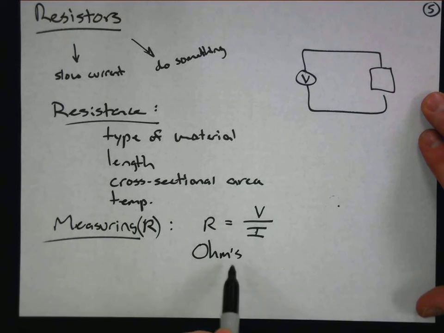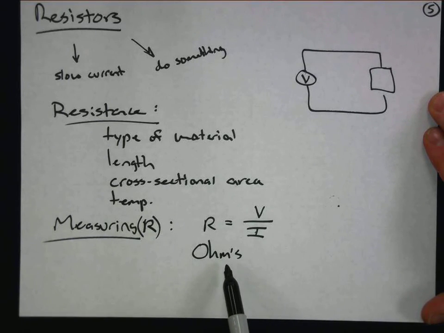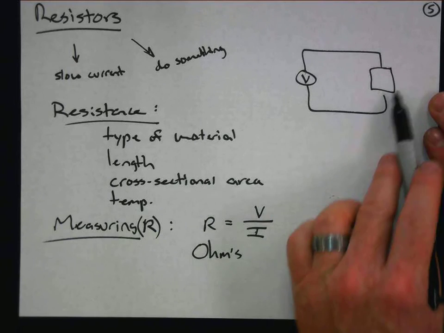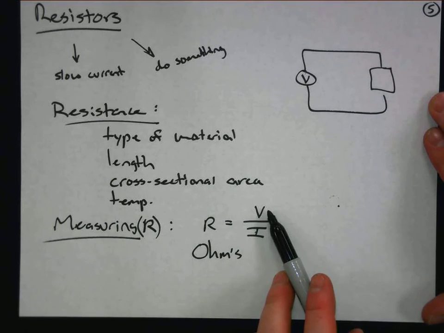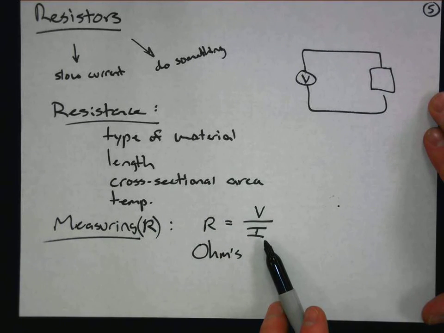I forget his first name. George, possibly. I think it might have been George. He did some work with radio and radio signals, but he basically did the first initial work into discovering that for a given material, if you increase the voltage, then you get more current out of it.